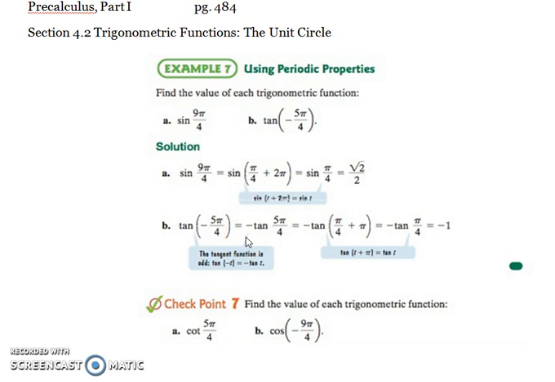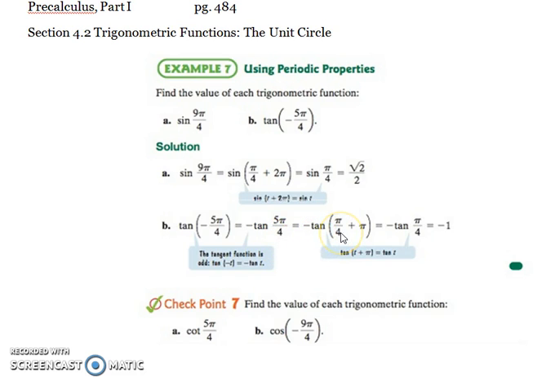Everything is odd except for cosine and cotangent, I believe. Trying to remember. Yeah, cosine and cotangent, that's right. So the tangent of negative 5 pi over 4 is the same as the negative of tangent 5 pi over 4.